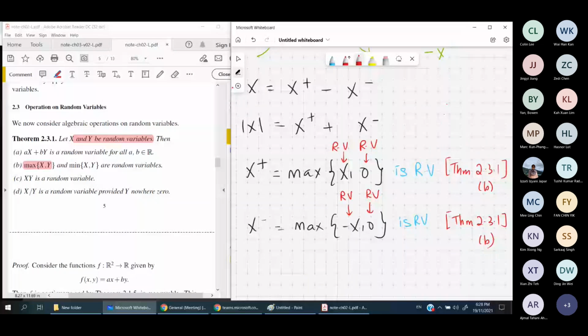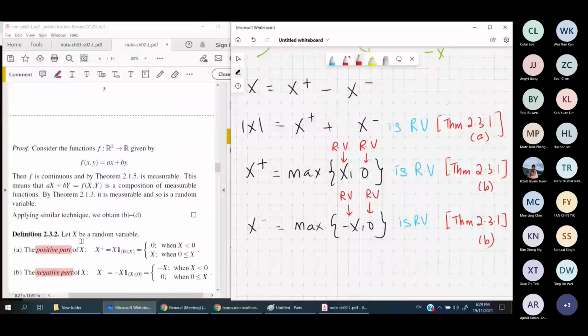Here we know X plus is a random variable, X minus is a random variable, and the sum of two random variables is a random variable. Then from here we can conclude that this is also a random variable, by using theorem 2.3.1, but we are using part A.